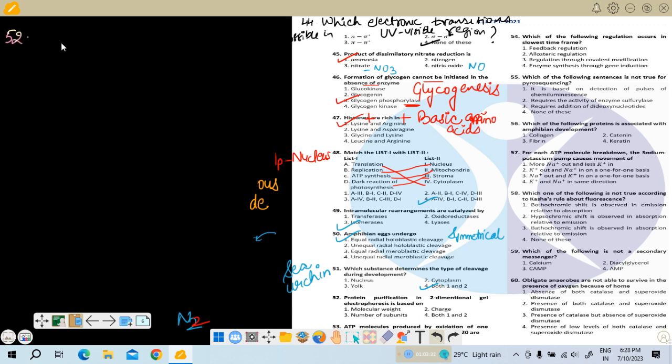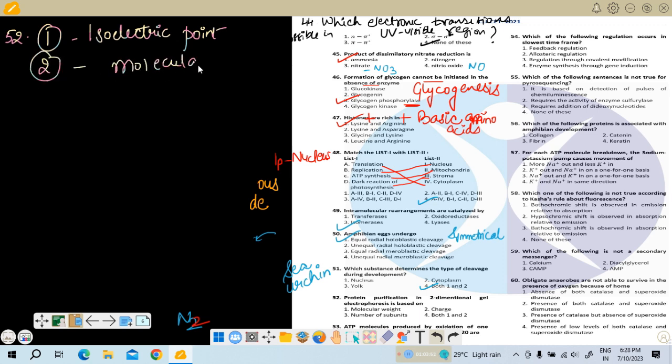So protein purification in a two-dimensional gel: in one dimension we have isoelectric point, in the second dimension we have molecular weight.